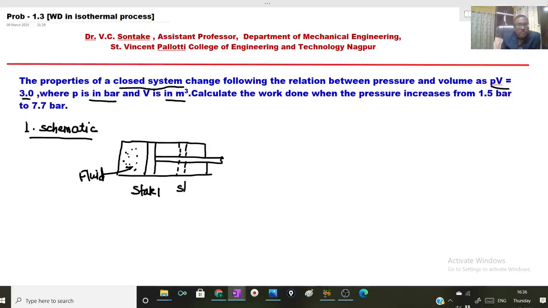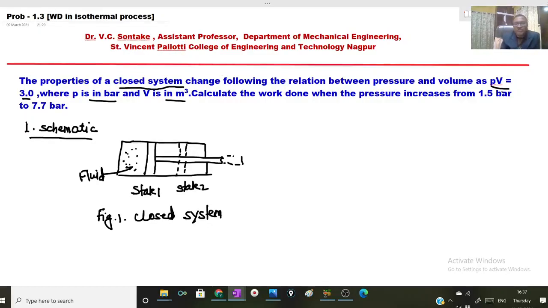So this is state 2, and it will be a closed system. Now next, represent the process taking place inside this closed system.